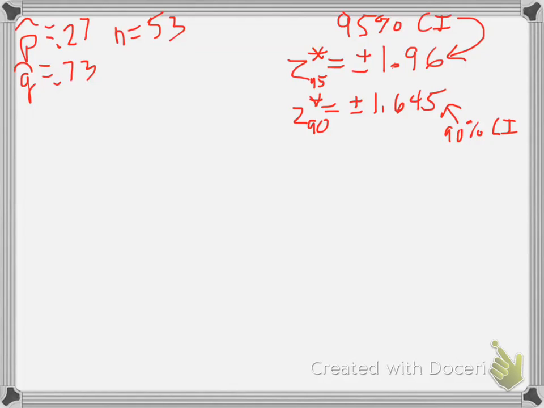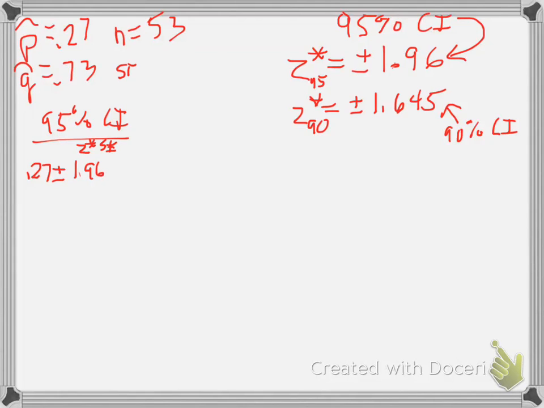Okay, so I'm going to do both of these. So I'll do the 95% confidence interval right here. I'm going to get 0.27 plus or minus the margin of error. Now the margin of error is z star, which is 1.96, times the standard error.